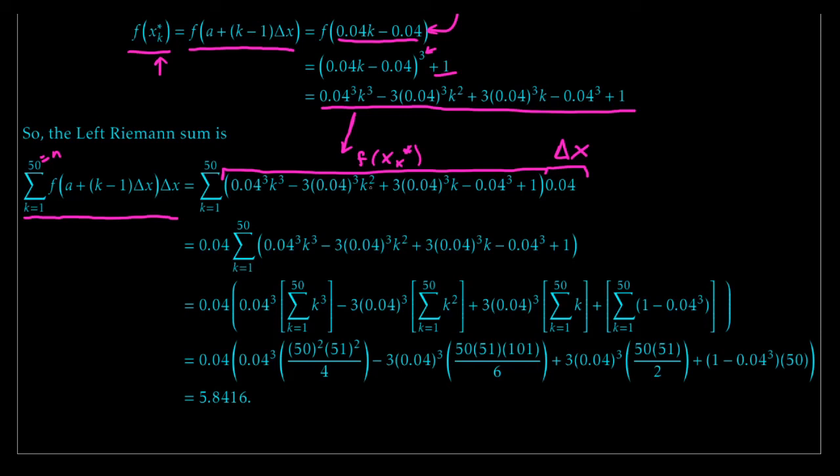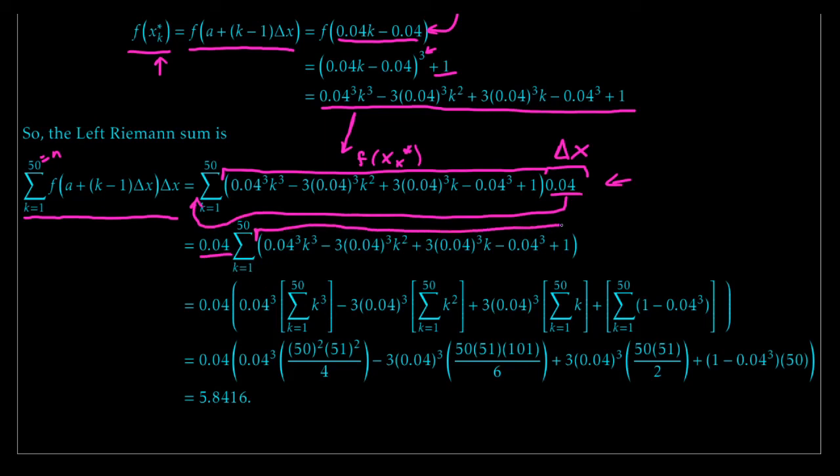So notice, every single term in this sum here has a 0.04 in it. Since I can always pull a constant multiple out of a sum, I'm just going to do that. That is, I'll take this 0.04 and I'll pull it all the way out front. That's how I get this 0.04 right there. This guy, that's still just our f of xk star.